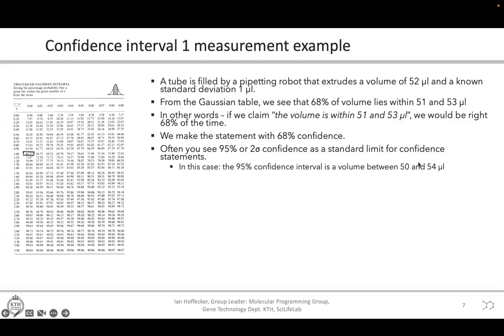So we could approximate the 95% value with just 2 times our standard deviation, or 2 microliters here. So I've just taken the measurement here. We measured 52, and then just subtracted 2 microliters and added 2 microliters to get that interval for 95%.